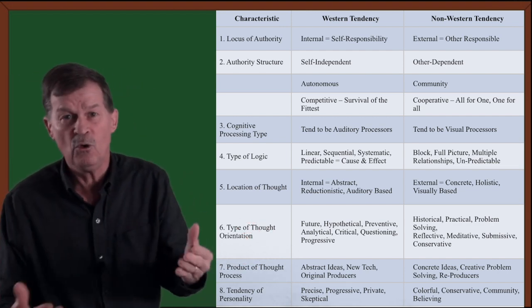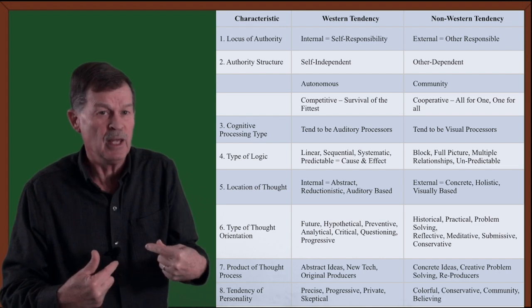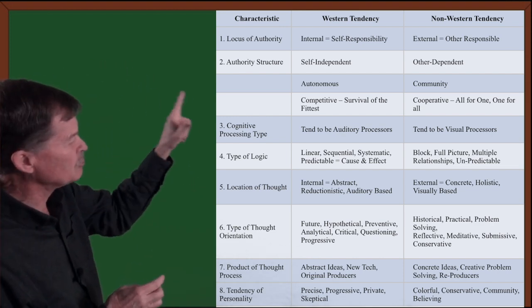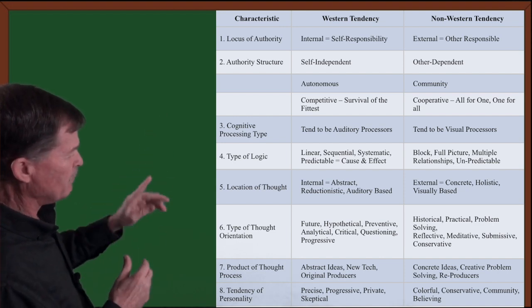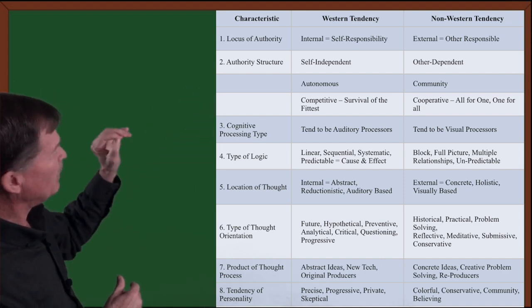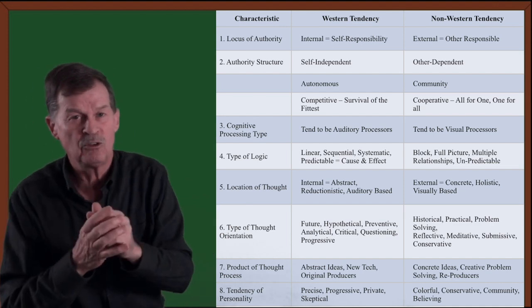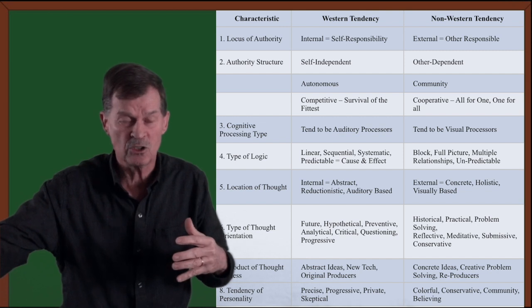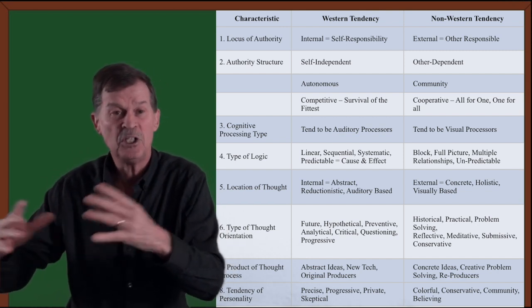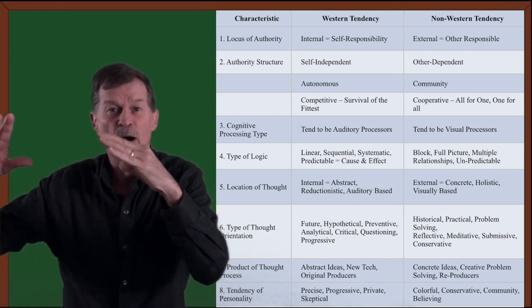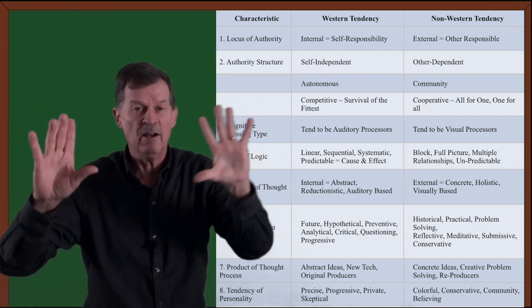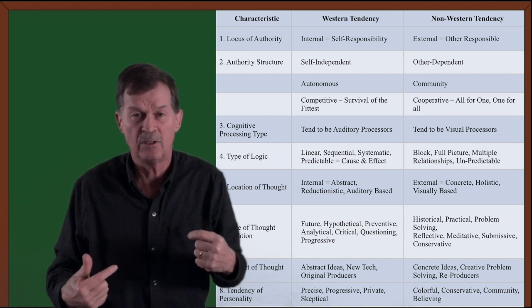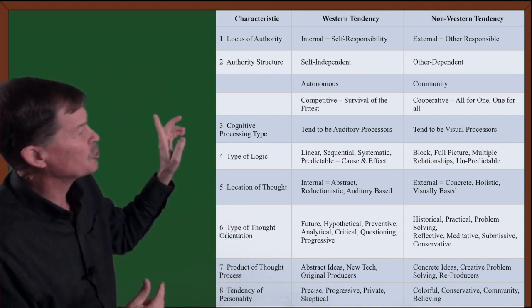The authority is internal to them, and so they can act on and make decisions according to that internal locus. And so that makes them self-independent, makes them autonomous. They don't have to consult with the external authorities, whether it be a teacher or a parent, because the authority is internal to them.